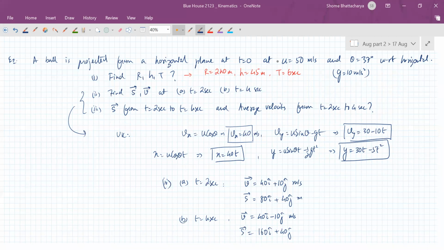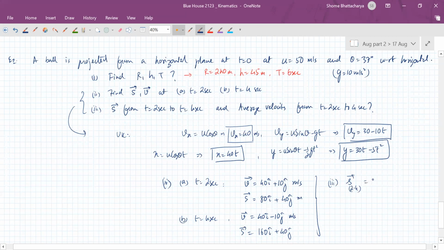Okay, so in the third part you'll require this only. The displacement from 2 to 4 seconds will be equal to the displacement at 4 seconds minus the displacement at 2 seconds, from this position to this position.